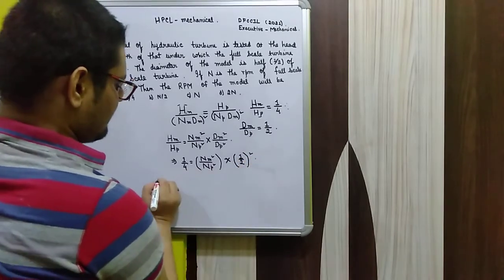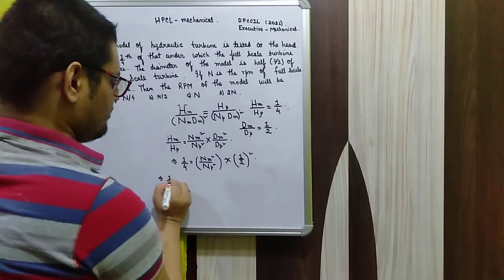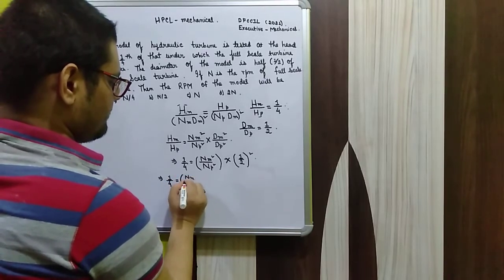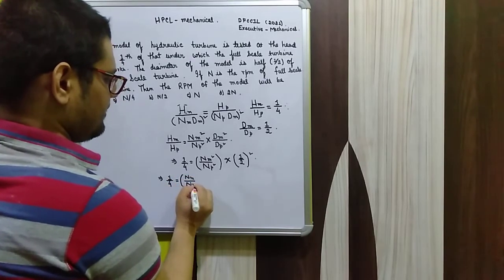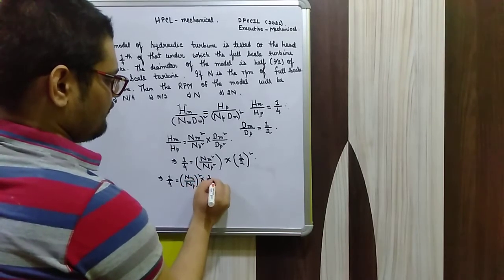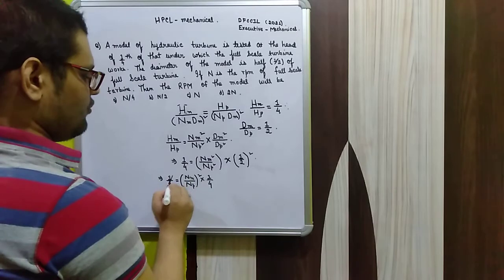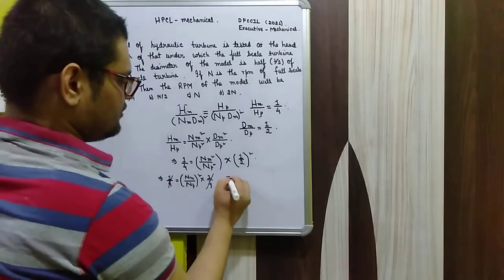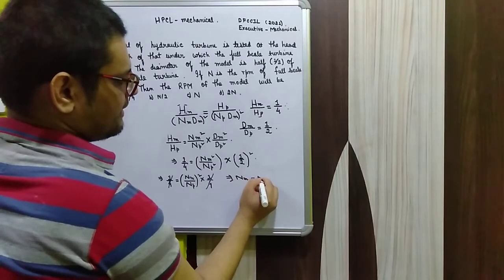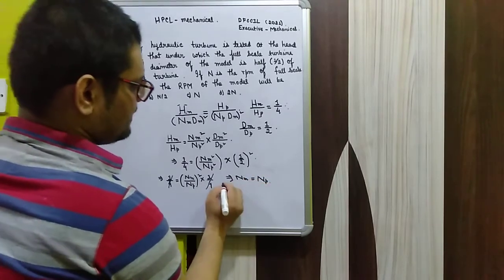So 1/4 is equal to (Nm by Np) whole square into 1/4. The 1/4 cancels out from each side, so Nm is equal to Np. The speed will remain unchanged.